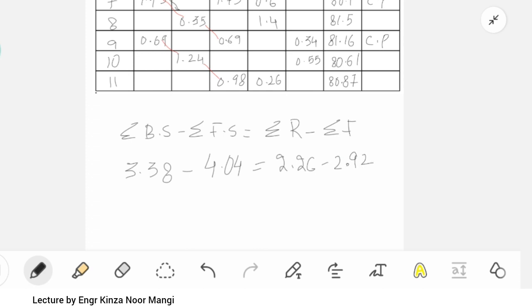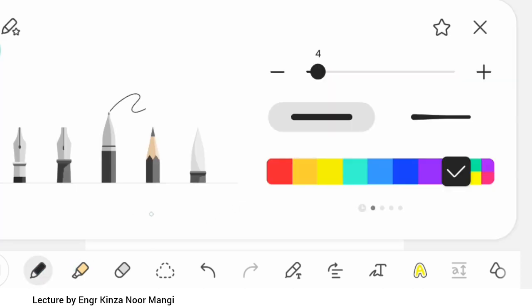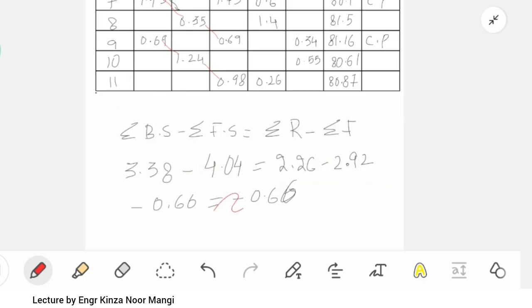Okay, let me subtract it. Use the calculator. When we subtract it, we will get minus 0.66, minus 0.66. Okay, so both these values are equal, that means okay, checked.